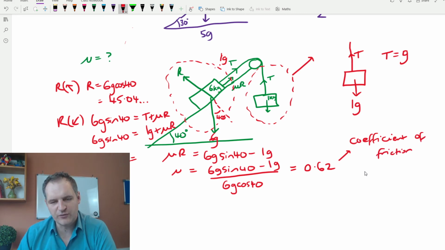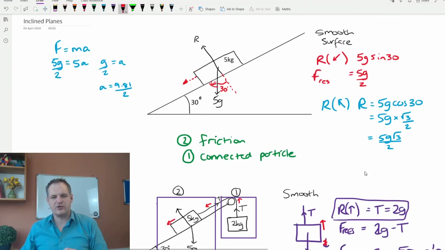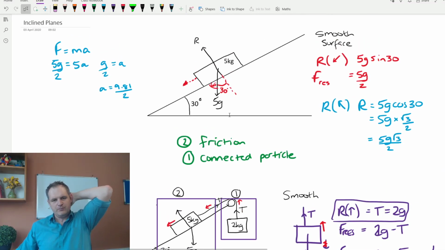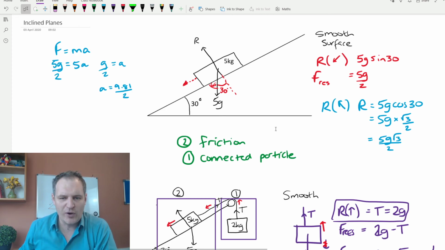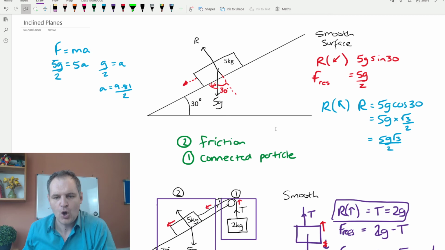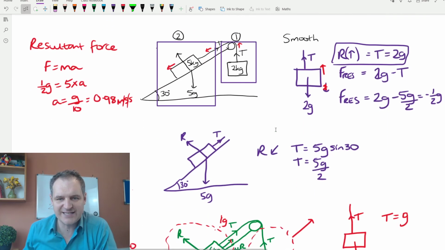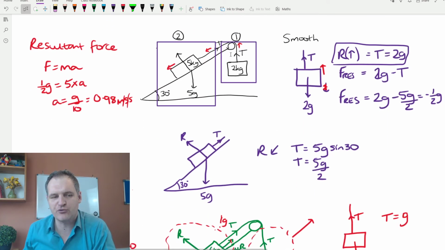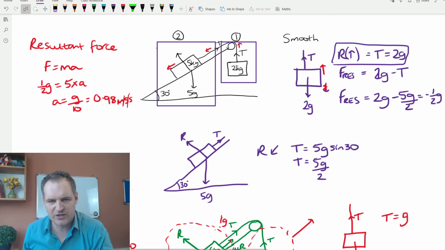So what we've done is we've combined various different things. We started off with a simple particle, a simple object, and we looked at when you put it on a slope, it has an inclination to move. We then looked at what happens when you connect it up. And when you connect it up, but you still consider it to be smooth, we have to look at 2 separate situations.